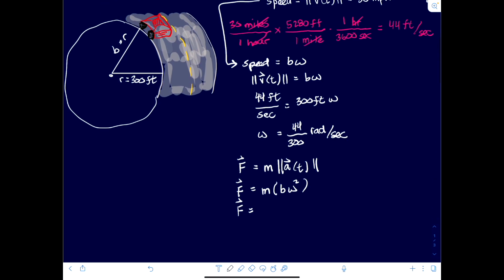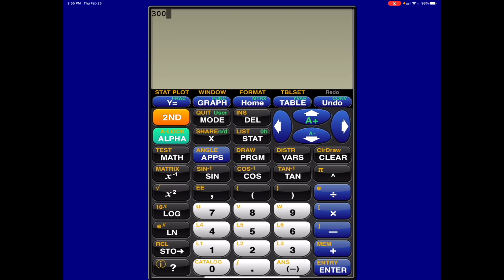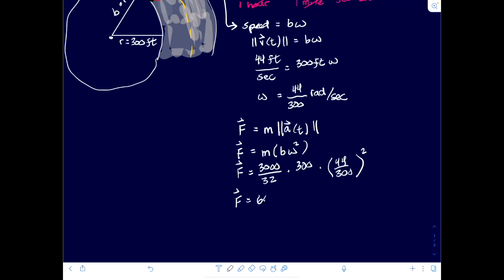Our m was given as 3,000 over 32, times, let's see, what was b? 300, and then times 44 over 300, the quantity squared. All right, so we get a result of 600, and that's in foot-pounds. Our result ends up being 605 pounds.